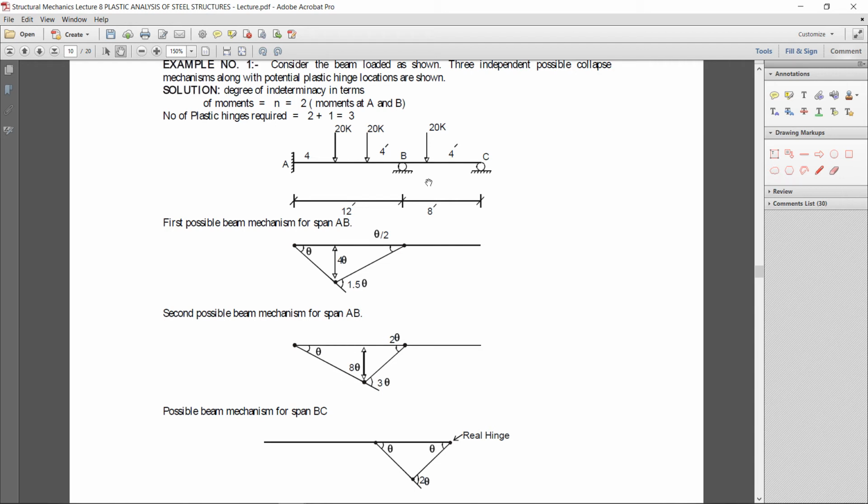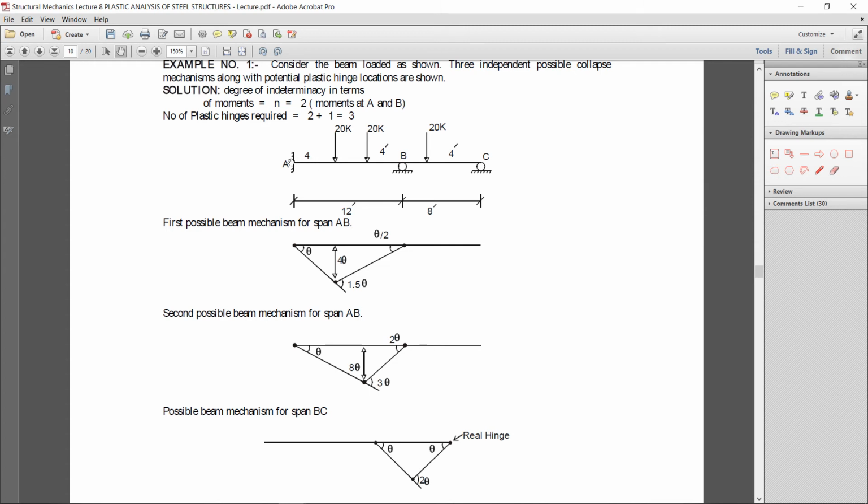The third possible mechanism is that the plastic hinge will form under this point load. Those are the three possible mechanisms. The degree of indeterminacy of this structure is 2, so the number of plastic hinges required for the failure mechanism is 2 plus 1 equal to 3.